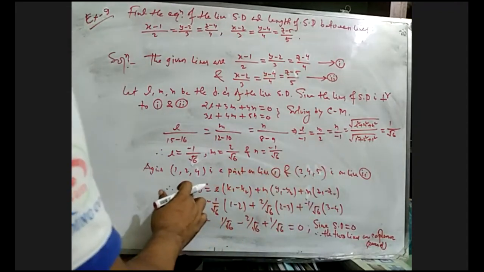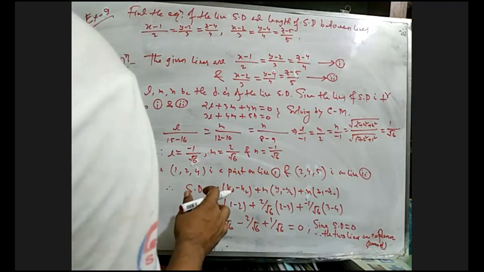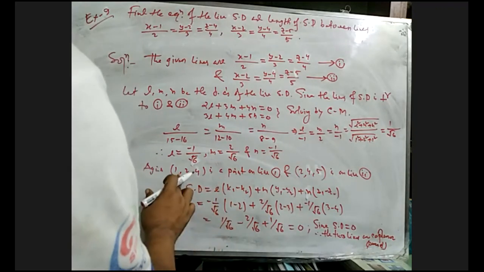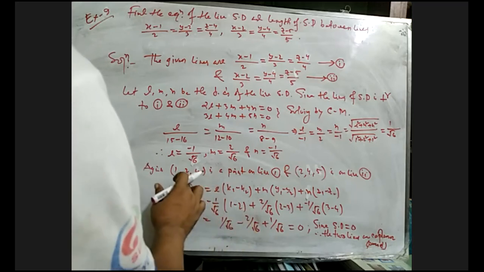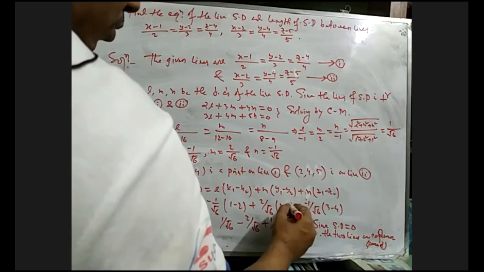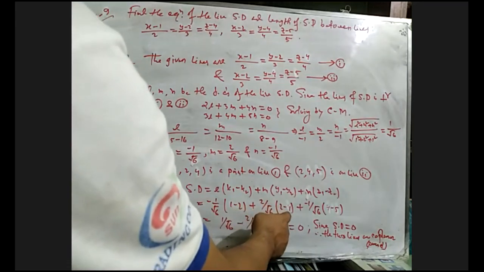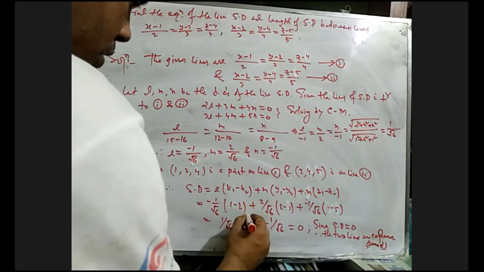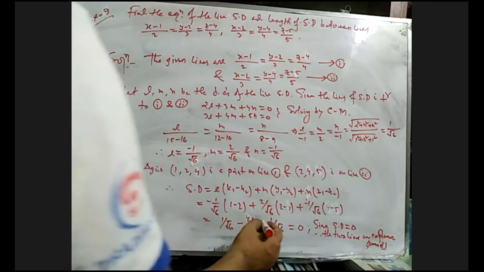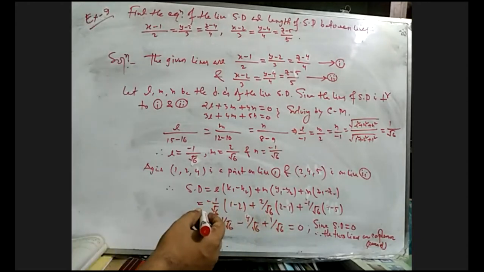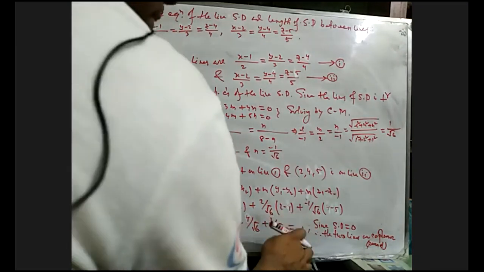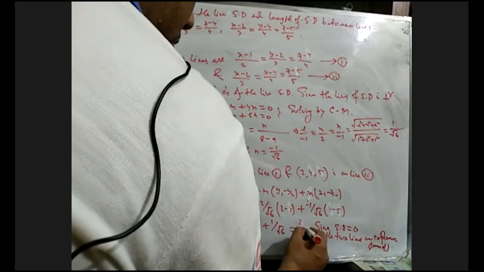So the length of the shortest distance will be: 1 minus 2, 2 minus 4, and 4 minus 5, so we get 1 by root 6, minus 4 by root 6, plus 1 by root 6, which gives minus 2 divided by root 6.